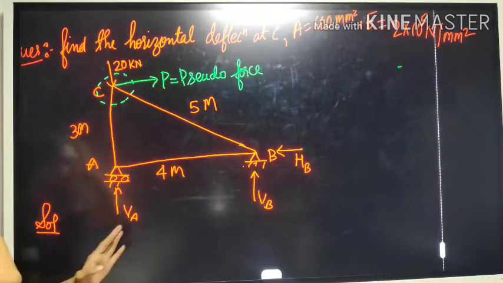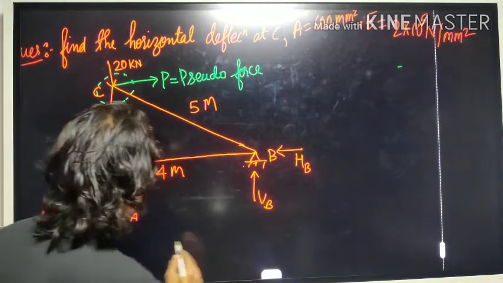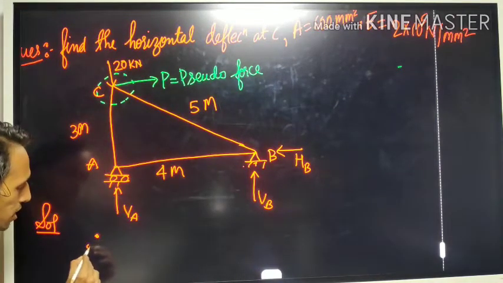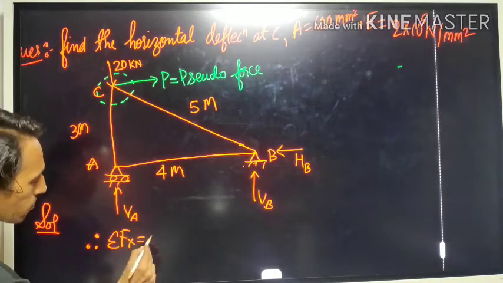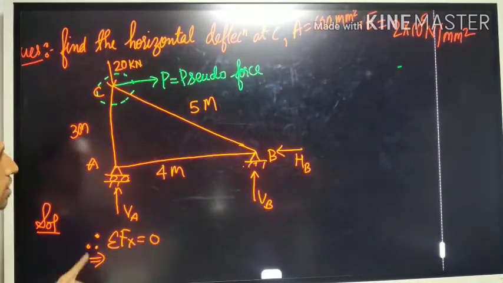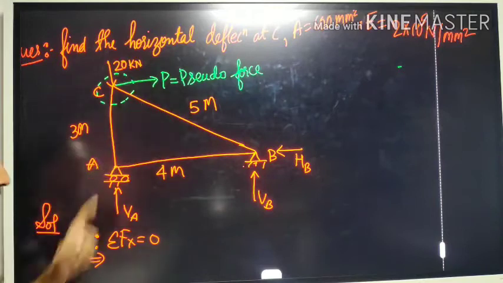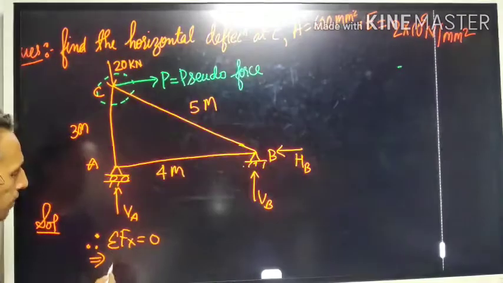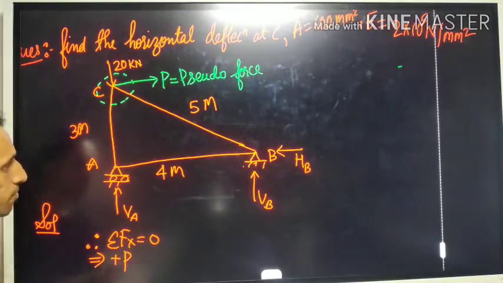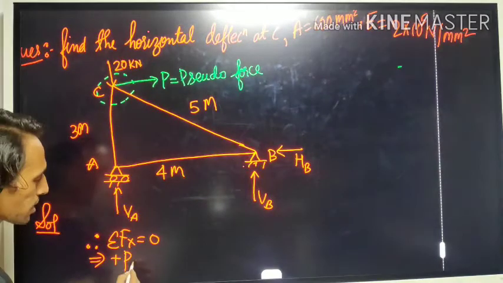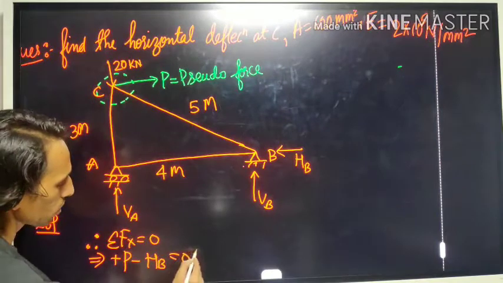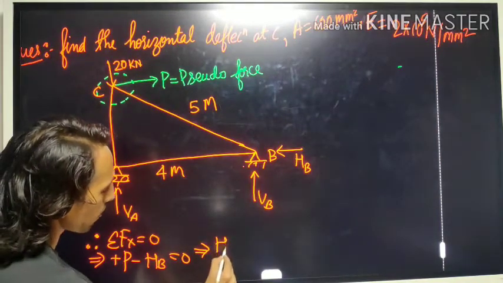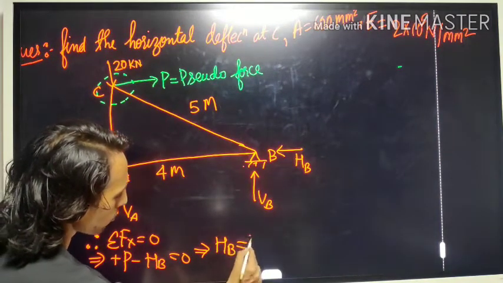Let me apply the first equation, summation of forces in x direction is 0. So what are the forces in x direction? P is acting in positive x direction, so positive P, and this HB in this direction, so minus HB is equal to 0. This will give the value of HB is equal to P.